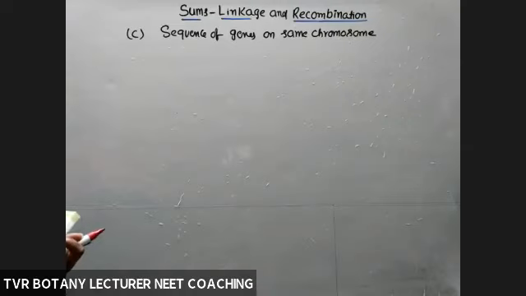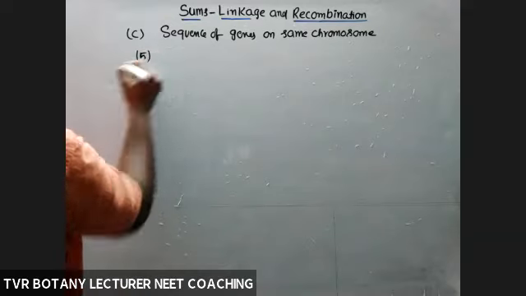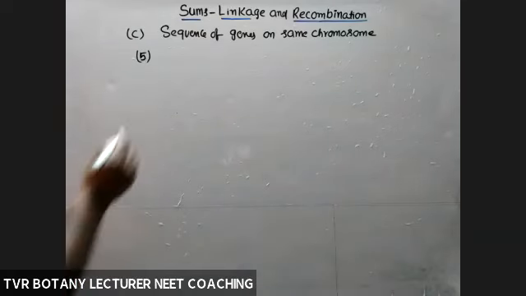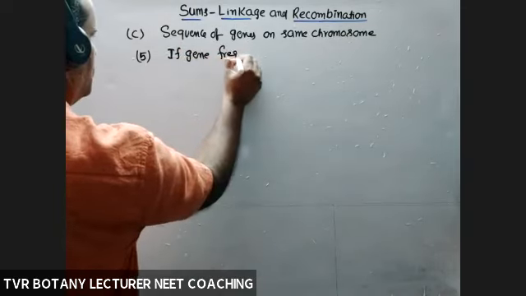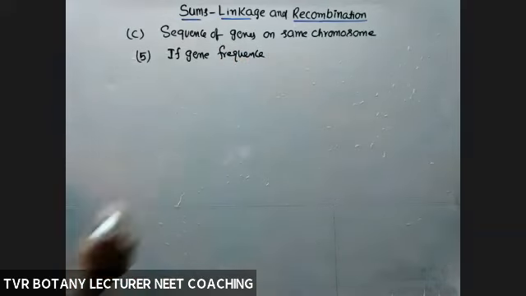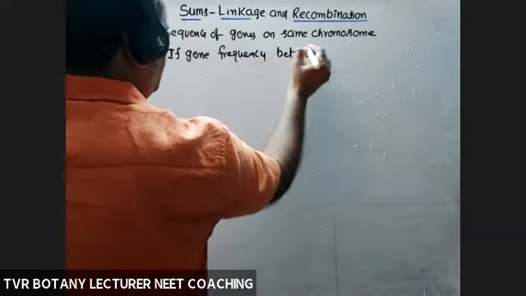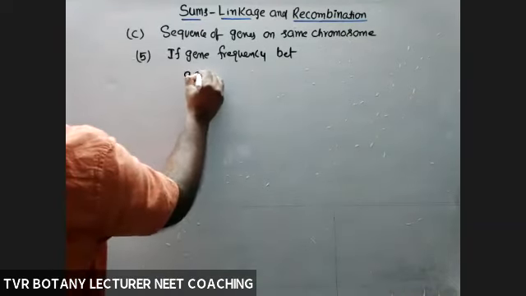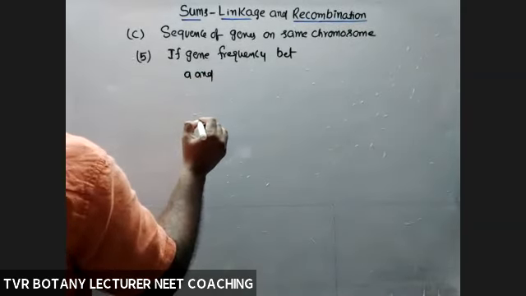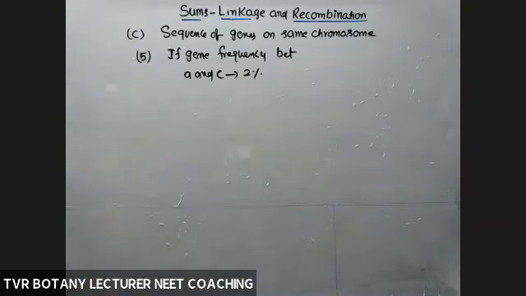Okay, for this one, the question is: if gene frequency between various genes is given, between A and C is 2%, means 2% recombination.